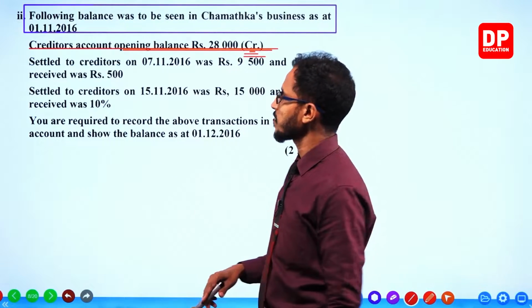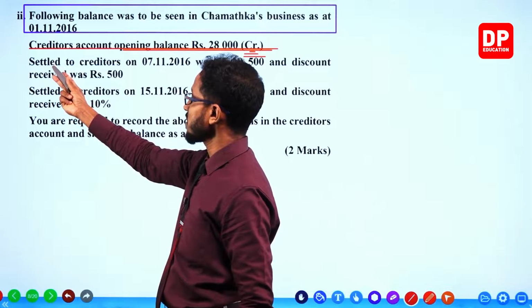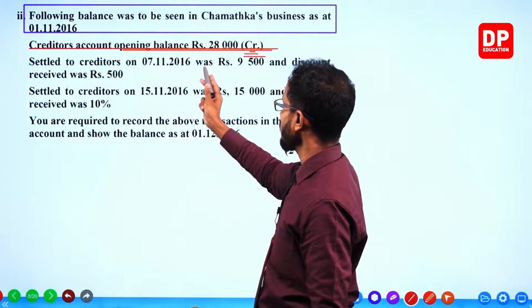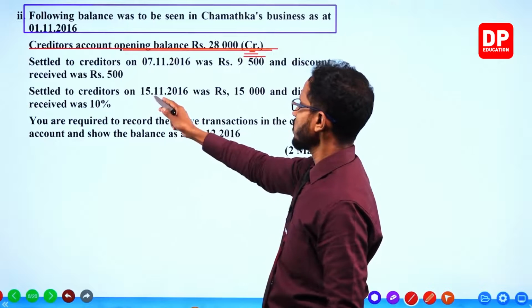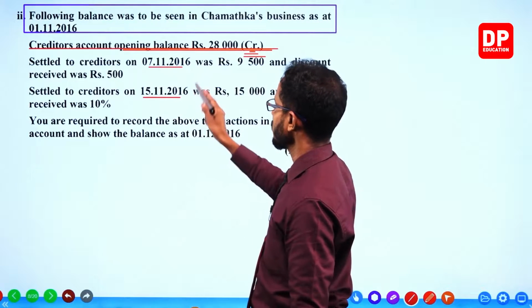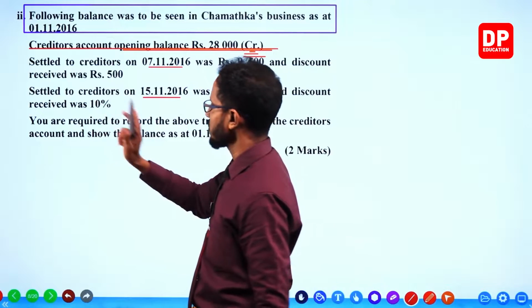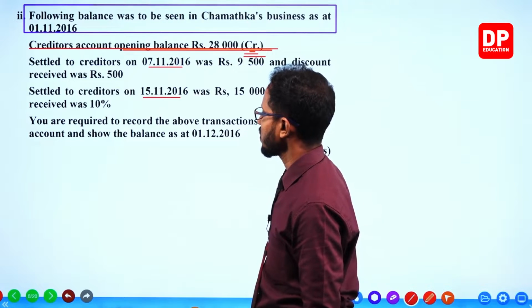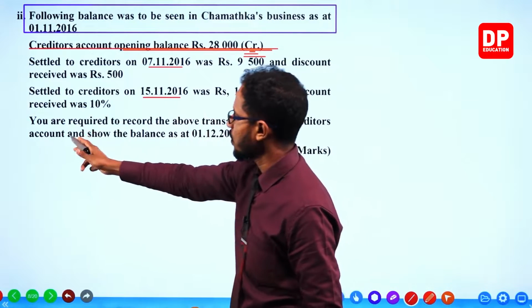Now let's check what they are saying. Settled to creditors on 7th November, 9,500, discount received 500. Settled to creditors again on 15th November, 15,000, and discount received was 10%. You are required to record the above transactions in the creditor's account and show the balance.